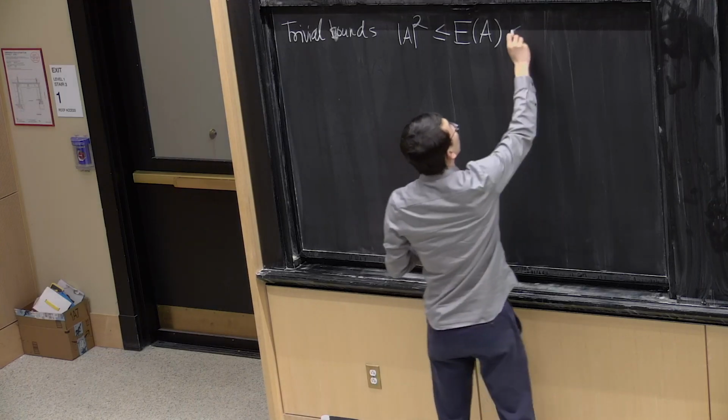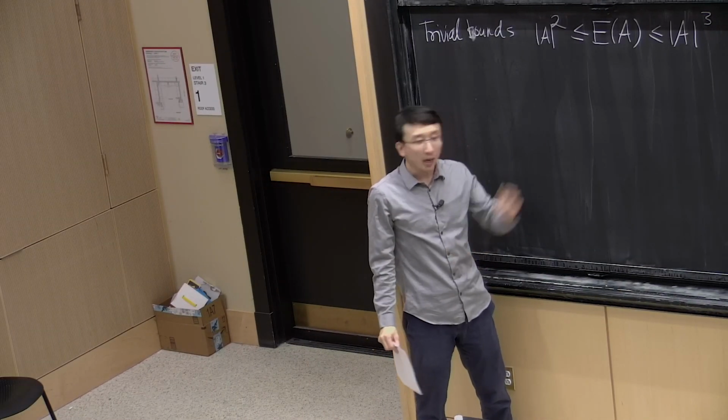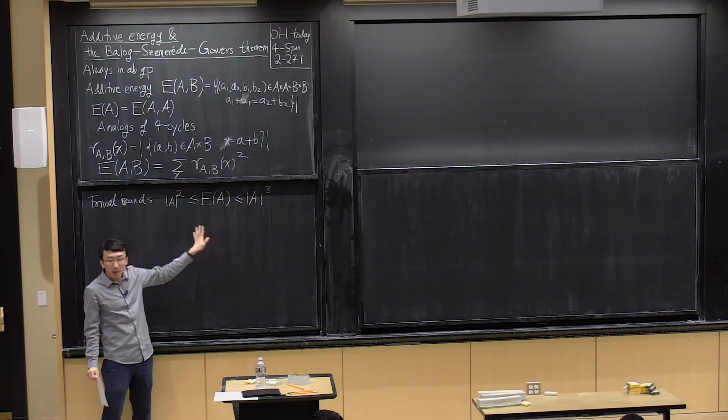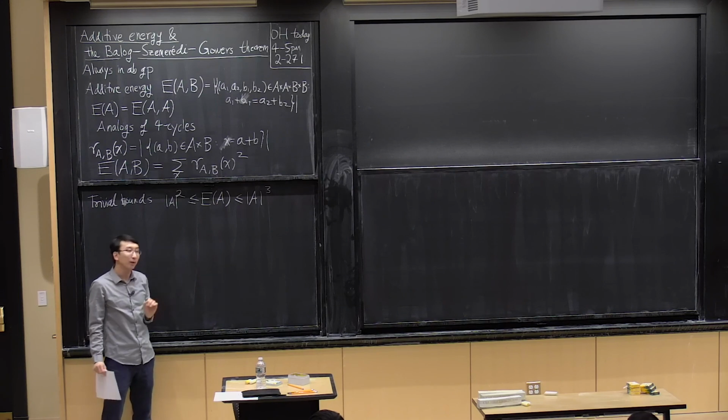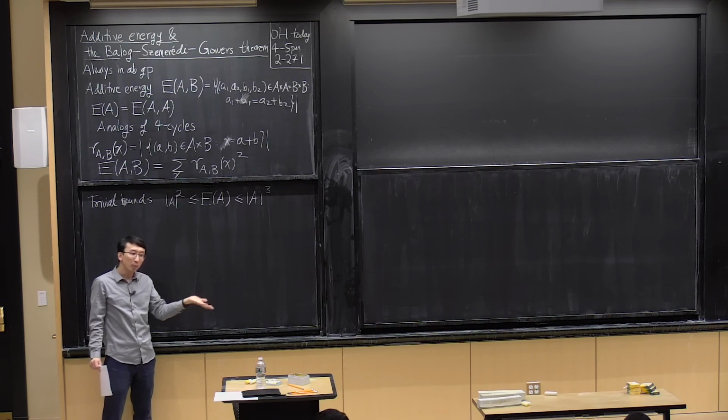So the upper bound is the cube of the size of A. And you should convince yourself that, up to maybe a constant factor, this is the best possible general upper and lower bound. Similar situation with sumsets where you have lower bound linear, upper bound quadratic.